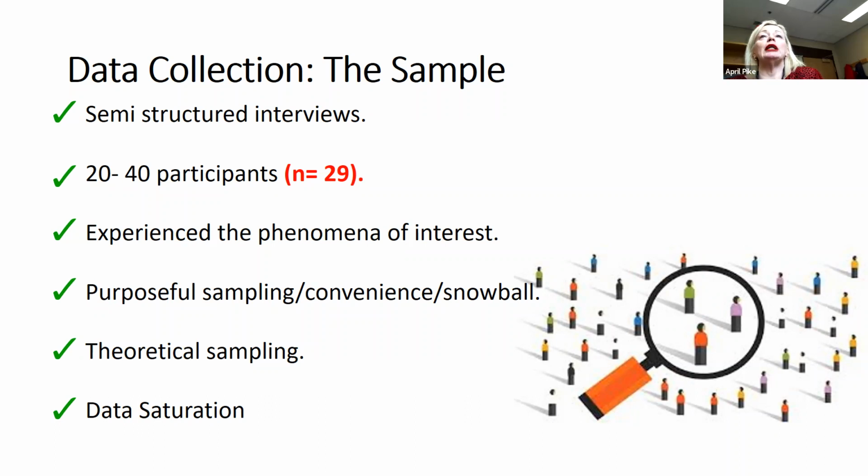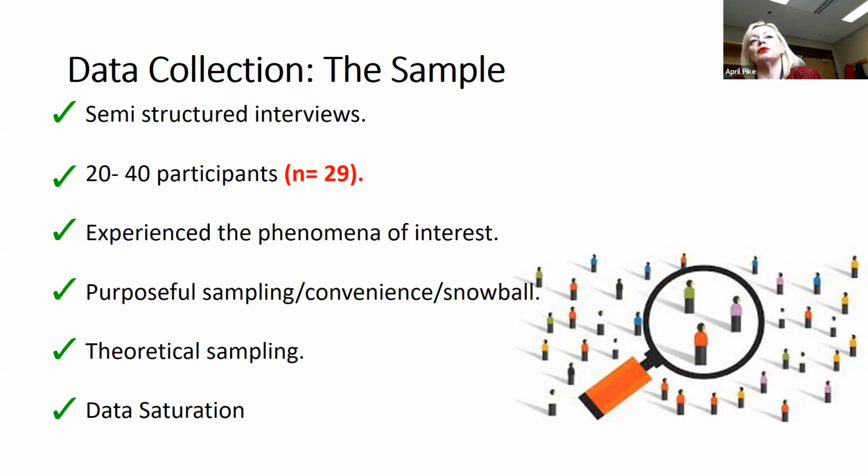A classic hallmark of grounded theory is theoretical sampling and data saturation. In theoretical sampling, you continue collecting and recruiting participants until no further themes emerge from the data. And similar to the semi-structured interviews, when you're doing your data analysis, if something new arises, you can select participants based on that new information.